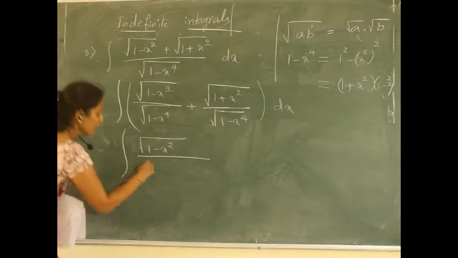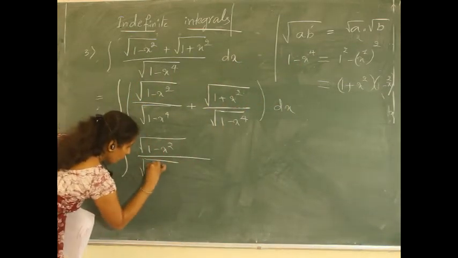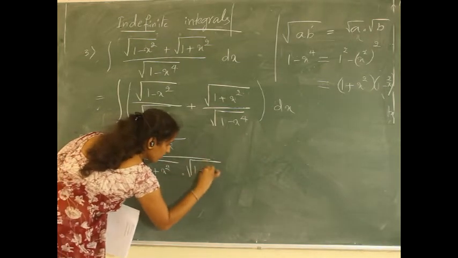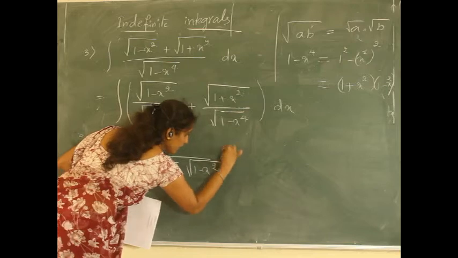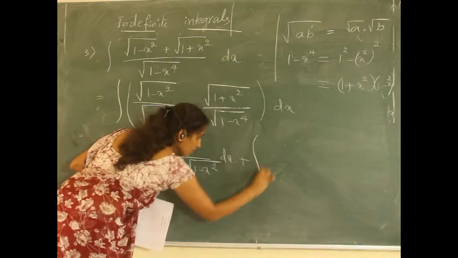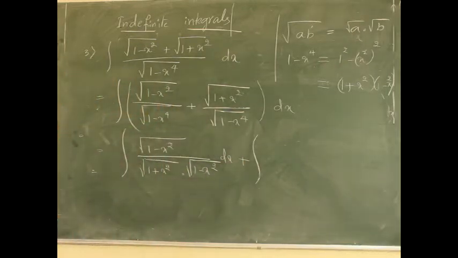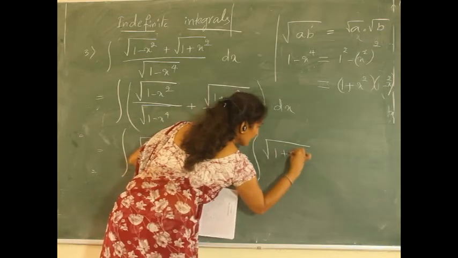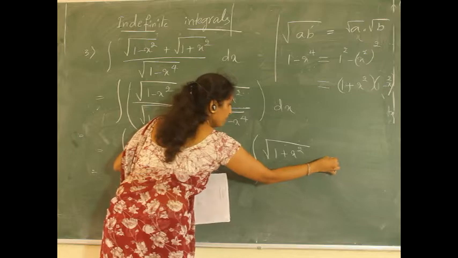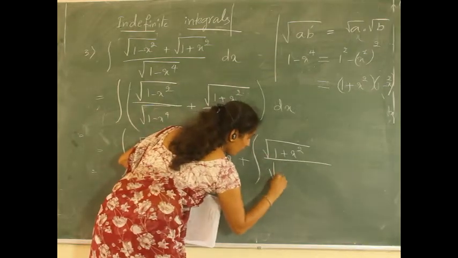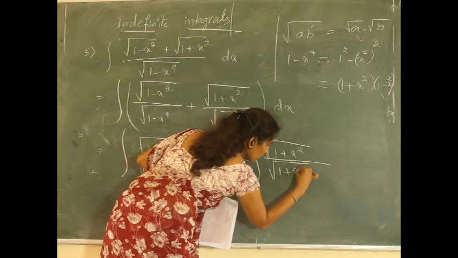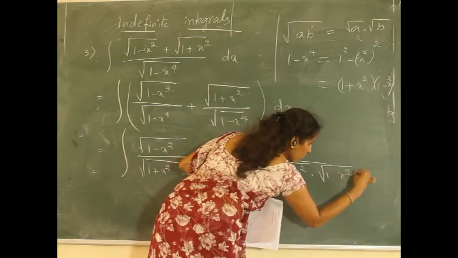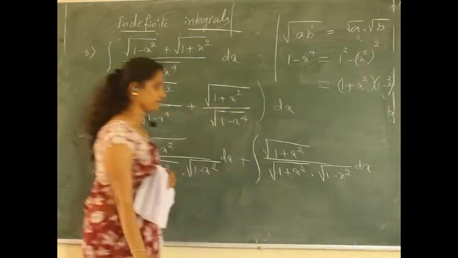So this will be root of 1 plus x square into root of 1 minus x square, dx, plus the integral of root of 1 plus x square divided by root of 1 plus x square into root of 1 minus x square, dx.